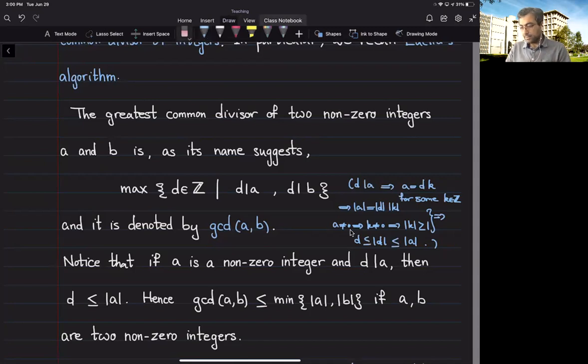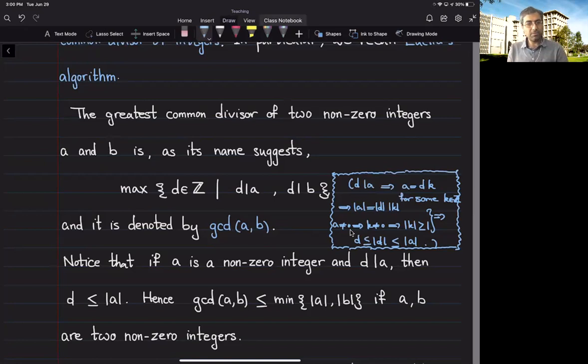So in particular, every common divisor of a and b is going to be at most equal to the minimum of the absolute value of a and absolute value of b. And here you see the importance of the assumption that at least one of a or b is supposed to be non-zero. If both of them are zero, then of course the GCD would be kind of infinity, because every divisor would be a common divisor of zero. Every integer is a divisor of zero.